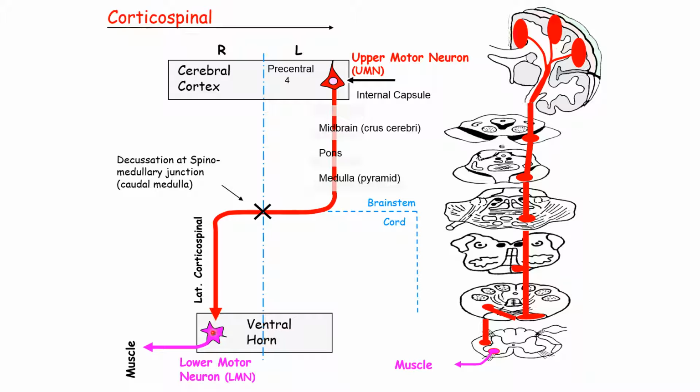The lower motor neuron is sitting in the ventral horn of the spinal cord, and sends its axons out through the ventral root to a neuromuscular junction at a muscle where it can cause contraction of the muscle. We see that represented here, that decussation at the caudal medulla, and continuation of the tract in the lateral funiculus.